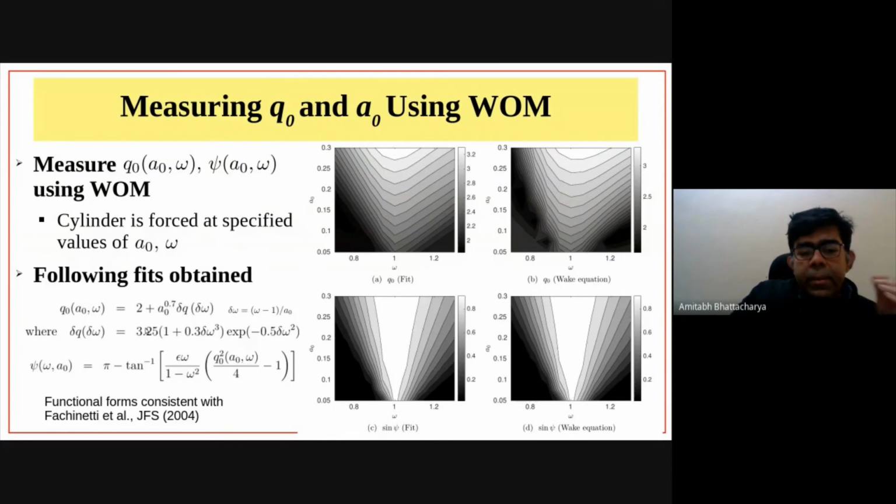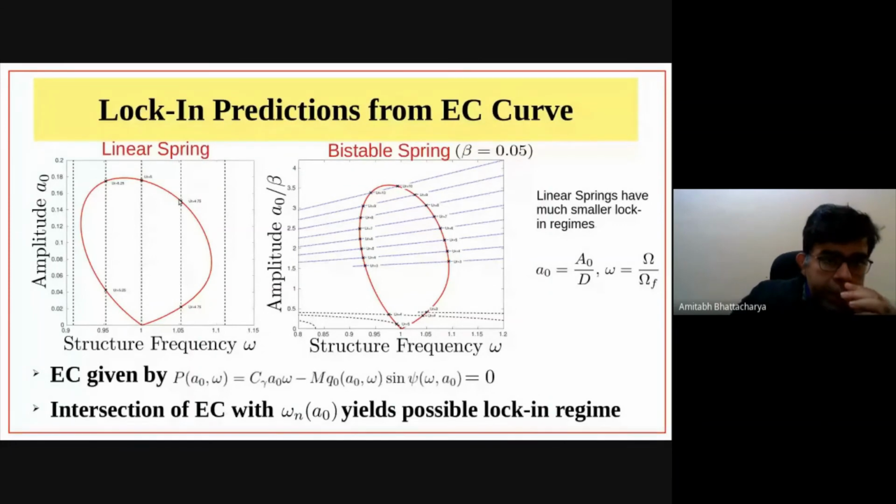We did a little bit of fitting of polynomials, and also took a little bit of a hint from the paper by Facchinetti 2004 as to how this phase angle should be, and we managed to come up with a very simple algebraic model for these functions Q naught and psi. Once you do that, you can get the equilibrium constraint by looking at the zero isocontour of this function. Basically, this is the equilibrium constraint that I showed.